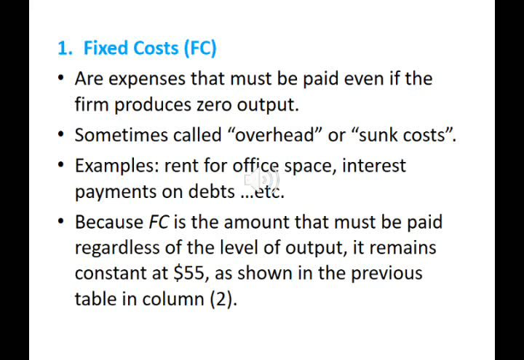That's why if we go back to the previous table, you will find that the column for the fixed cost is positive and starts from 0 Q. So when Q is 0, we still find fixed cost to be a positive number, which in our example is $55, and it remains fixed, whatever the level of Q. Because as we agreed, this fixed cost is an amount that has to be paid regardless of the level of output. That's why it's fixed, whatever the level of Q is.